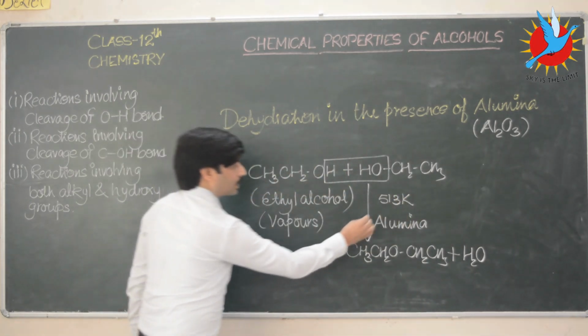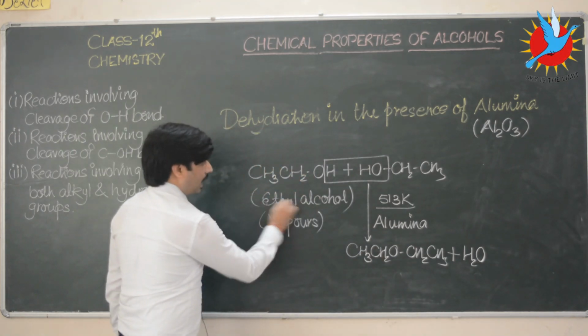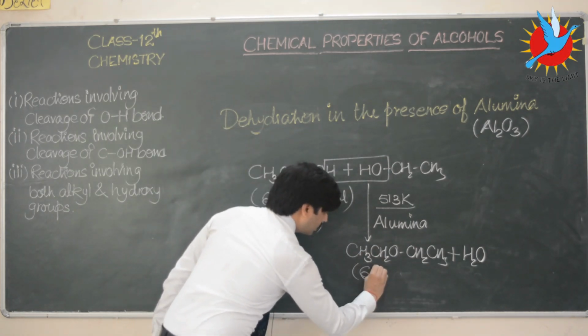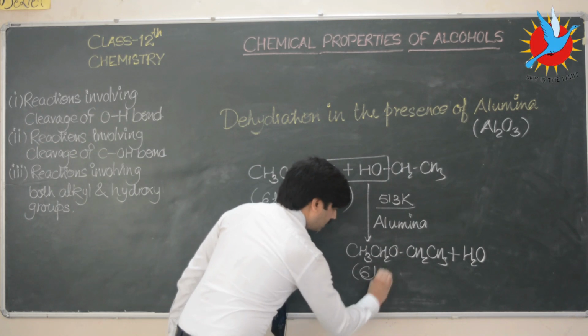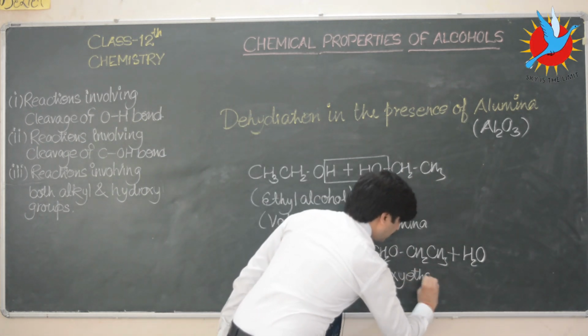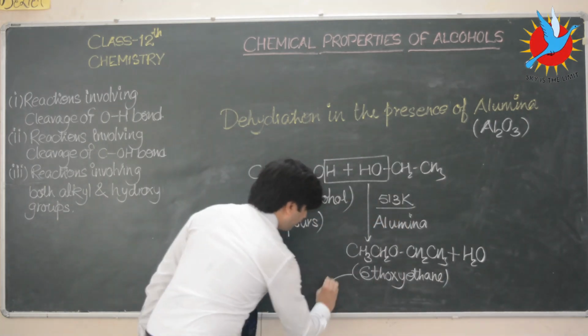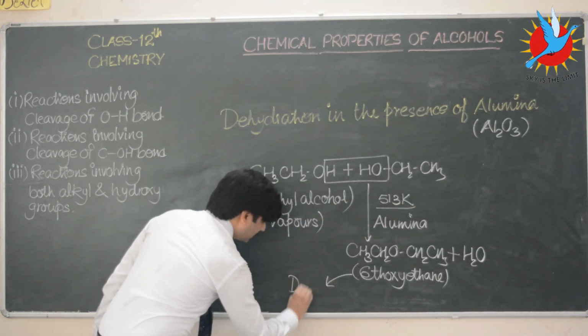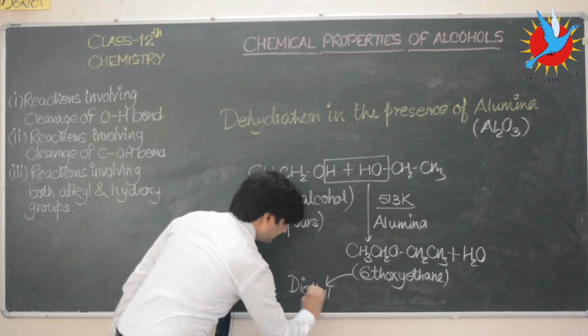So at 513 Kelvin, ethyl alcohol turns into ethoxyethane, a type of ether, and the common name of this ether is diethyl ether.